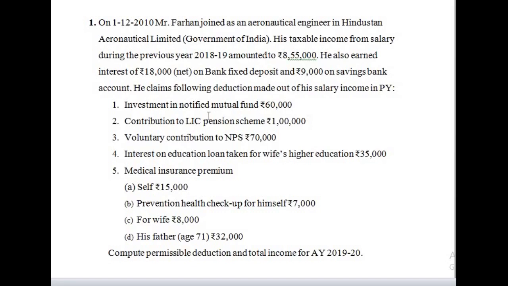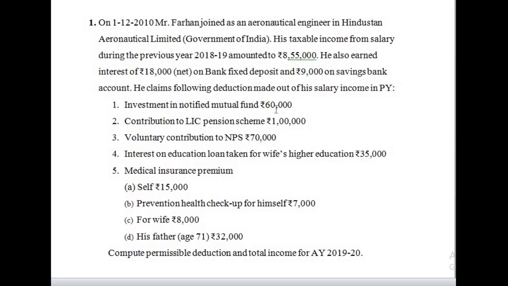Then contribution to LIC pension scheme rupees 1 lakh. It is also deductible under section 80C. Voluntary contribution to NPS. Any kind of contribution made by the assessee himself or employer will be taken as an additional deduction. The maximum allowed as deduction under section 80CCD(1B), NPS new pension scheme, is 50,000. Up to 50,000 you can claim deductions.